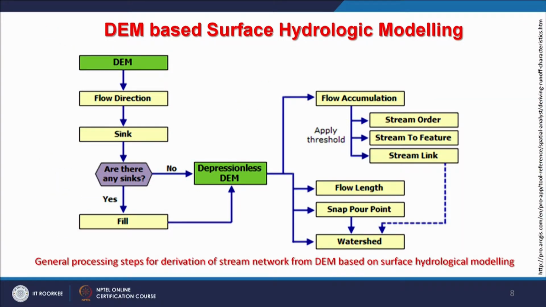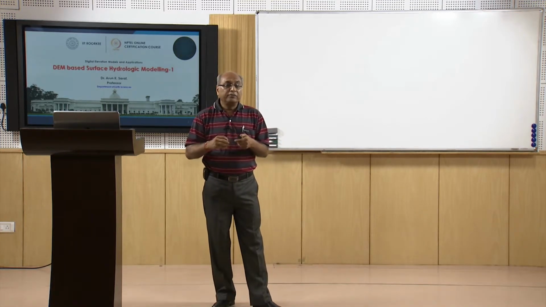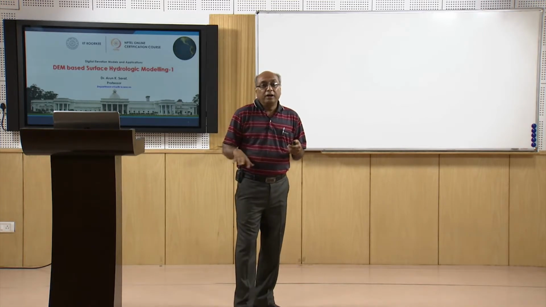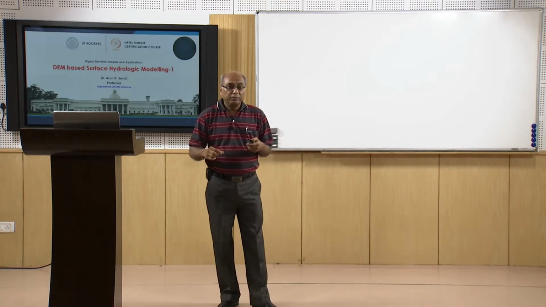But on a GIS platform, using a digital elevation model and employing surface hydrologic modeling, we can delineate watershed boundaries at any location within our digital elevation model. After certain steps of processing, it can automatically be delineated, depending on the size of basins.